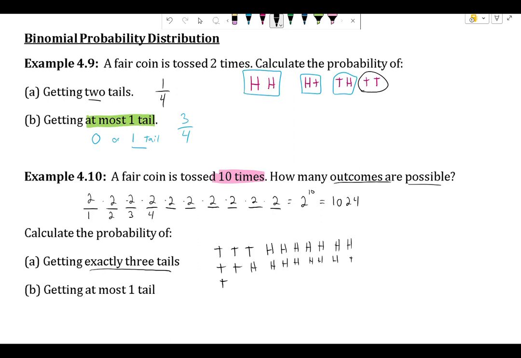Or I could do tails, heads, heads, heads, heads, heads, heads, heads, heads, tails. Oh, this one should have also been a tails. And we can rearrange these in so many different ways that these probabilities become almost unmanageable. So that's where the binomial distribution will come in.